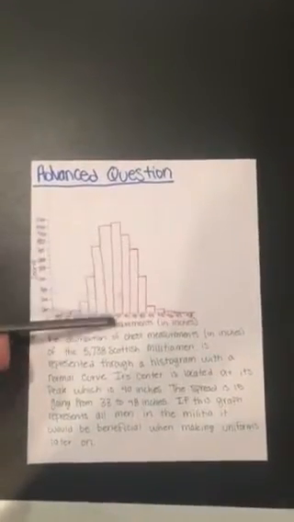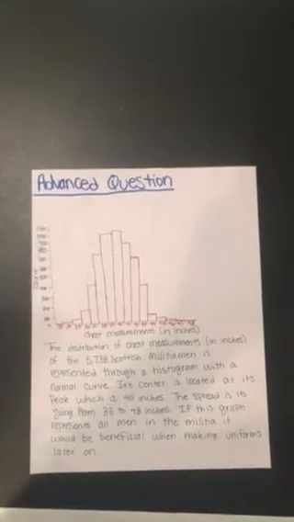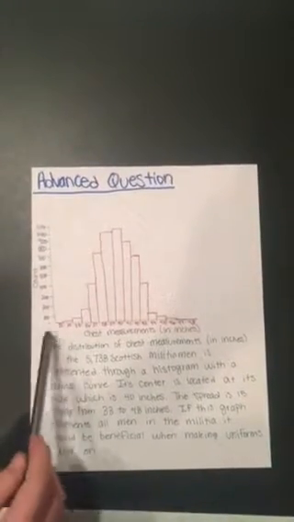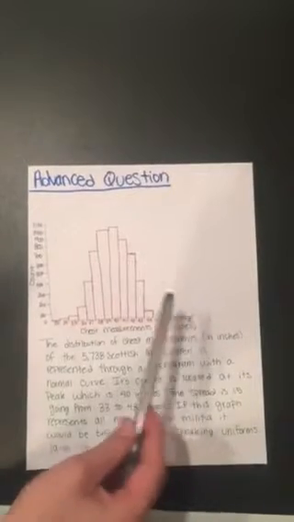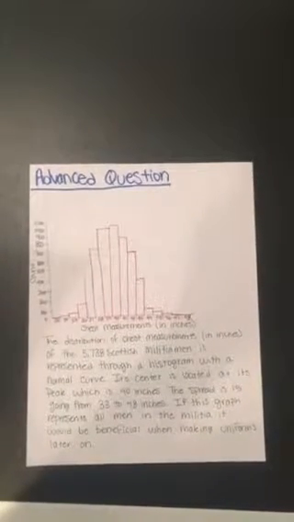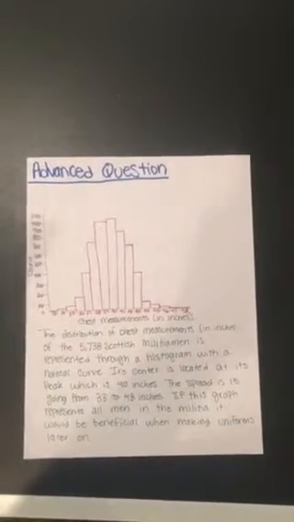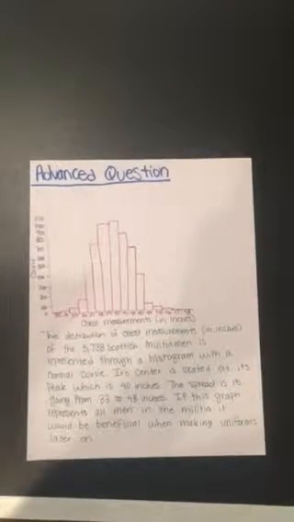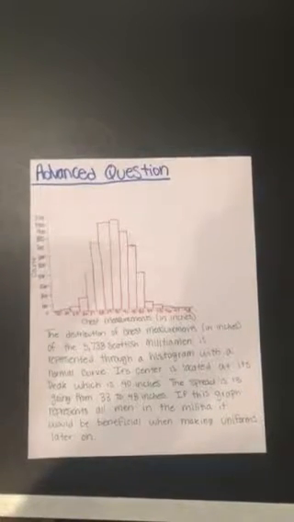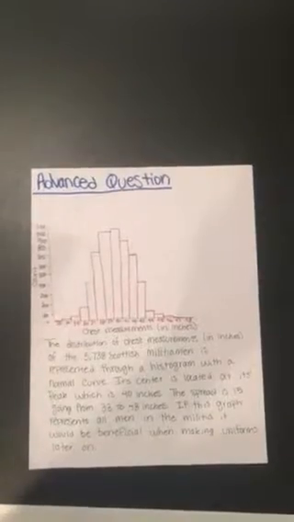The center is located at its peak, which is 40 inches. The spread is 15, going from 33 to 48 inches. If this graph represented all men in the Scottish militia, it would be beneficial when making uniforms later on because they would be able to tell which is the most common chest size for men.